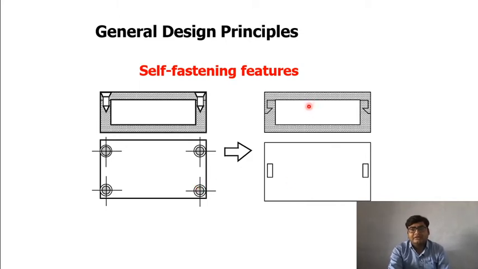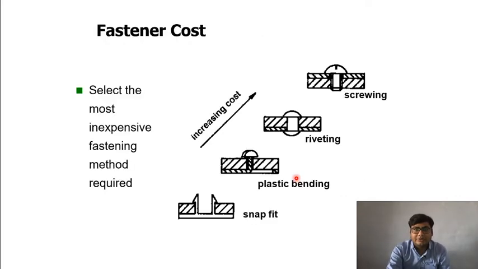In another design what we have done is that we have made this clip, and we just need to put it on top and give pressure. It will reduce so much time, and this type of feature should be added in assembly as much as possible.